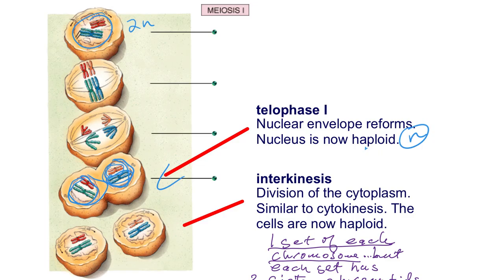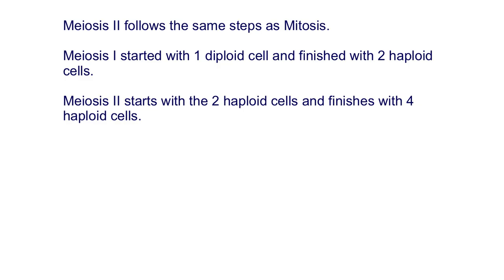Okay, after that, cytokinesis occurs. The cytoplasm divides, but it's called interkinesis because it's the same thing as cytokinesis, except that the cell division isn't over. You still have meiosis 2 to do. So meiosis 2 is very much like mitosis.